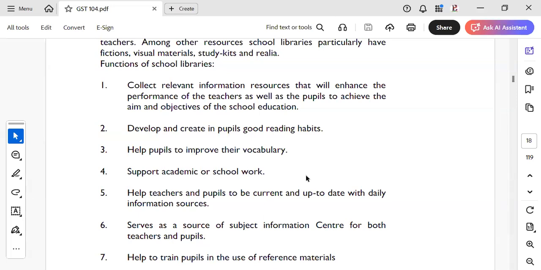Okay. Number 1, collect relevant information and resources that will enhance the performance of the teachers as well as the objective of school education. This alone, they are trying to emphasize books which will help the student or the teacher.